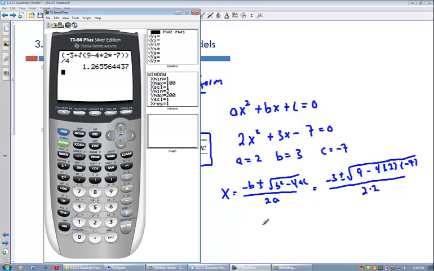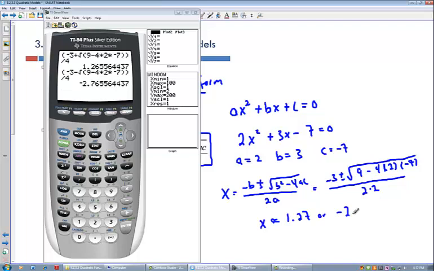One x value, x is approximately 1.27. Or instead of adding, you can hit second enter. Instead of taking negative 3 plus that, you could have negative 3 minus that, and you would get back negative 2 point, and we'll round to 2 decimal places, so 7.